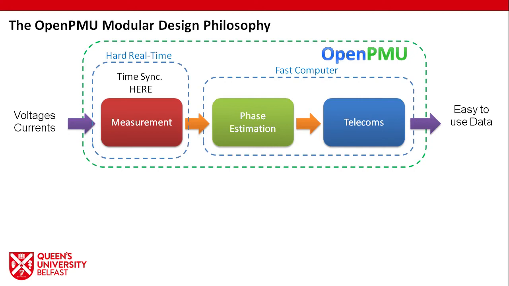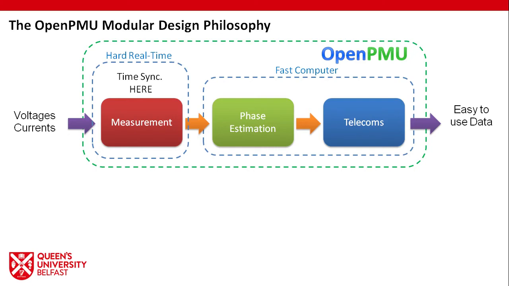The other important elements of the pipeline are the phase estimation stage and the telecom stage. The phase estimation stage is typically numerically intensive. It is doing transforms on the sampled value data in order to derive the phasor parameters: the amplitude, the frequency, the phase angle, the rate of change of frequency, and so on. The telecommunication stage is handling the network stack, TCP/IP, it is packaging and framing the data in whatever presentation format we're going to use, and it is dealing with cybersecurity aspects.